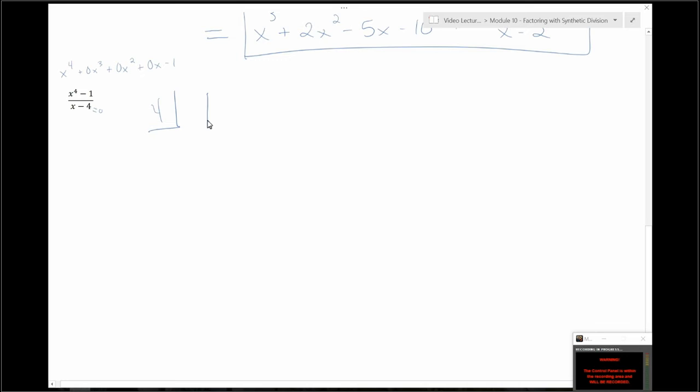So we can see we have 1, 0, 0, 0, negative 1. So we bring the first term down, multiply in a check, and add down. Multiply in a check, and add down. Multiply in a check, and add down. Multiply in a check, and add down.